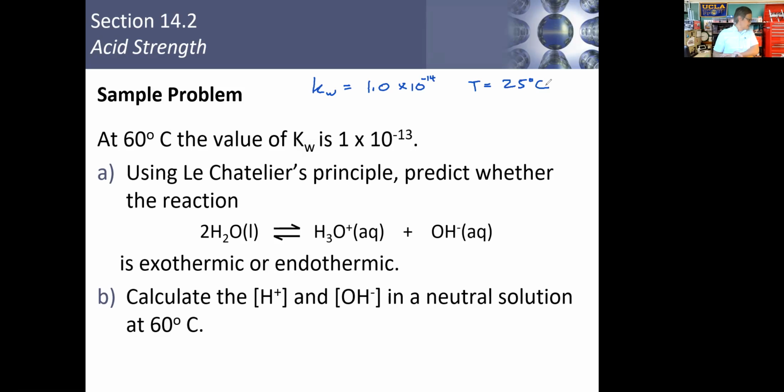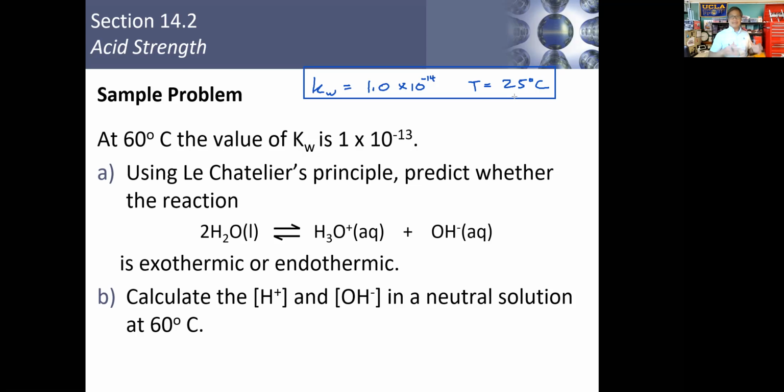That's typically what's given to you, the equilibrium constant when the temperature is 25 degrees Celsius. And remember, the equilibrium constant is dependent on the temperature. We learned that back in chapter 13.